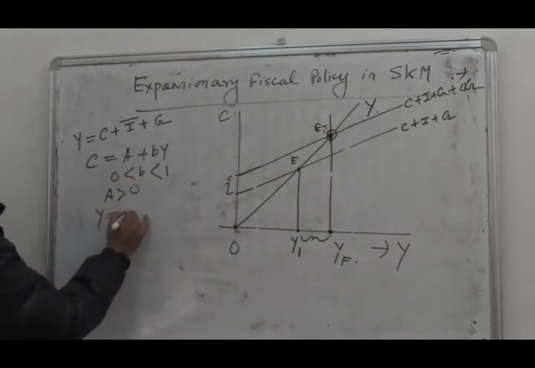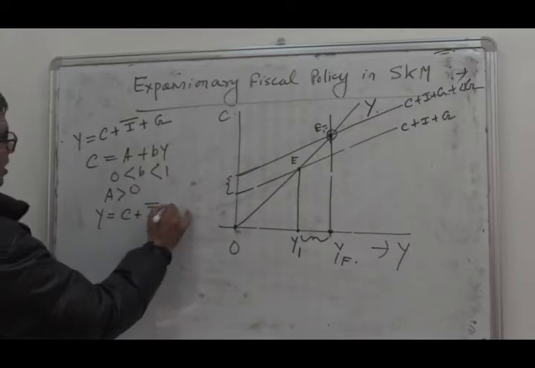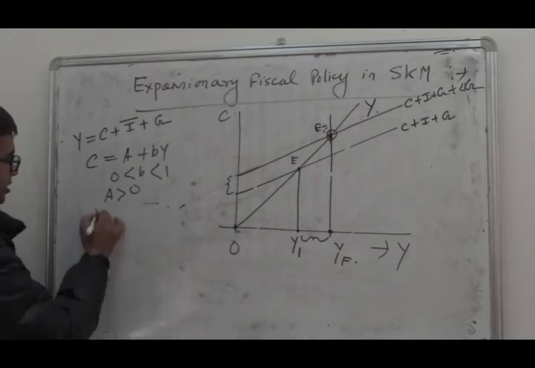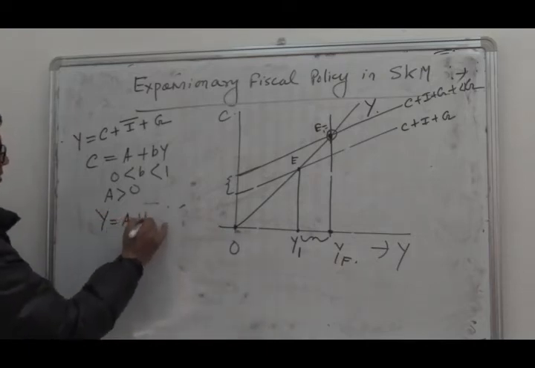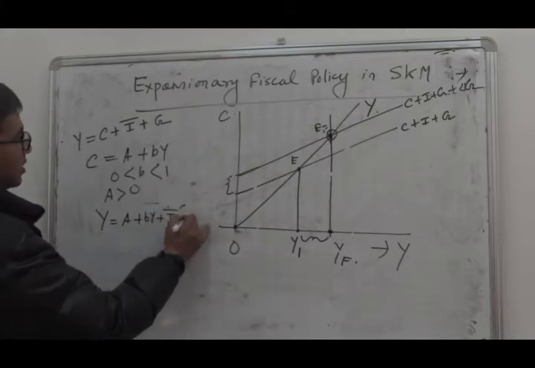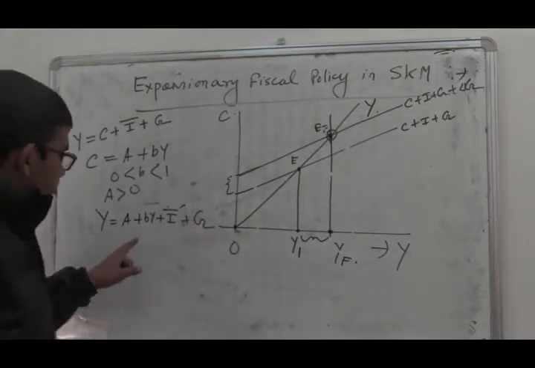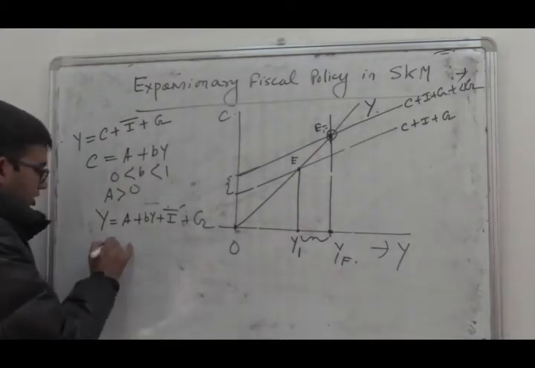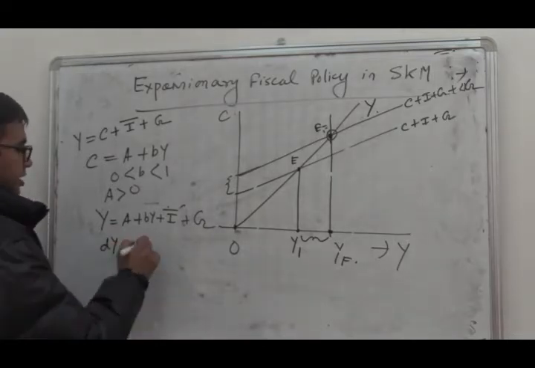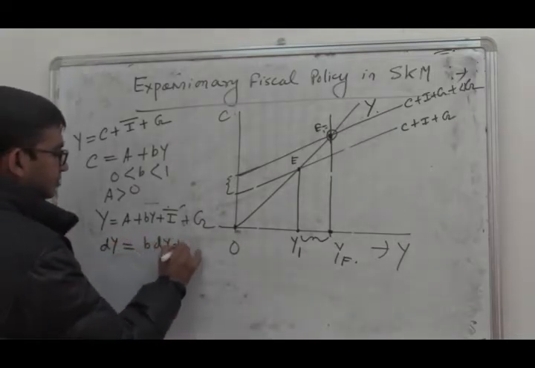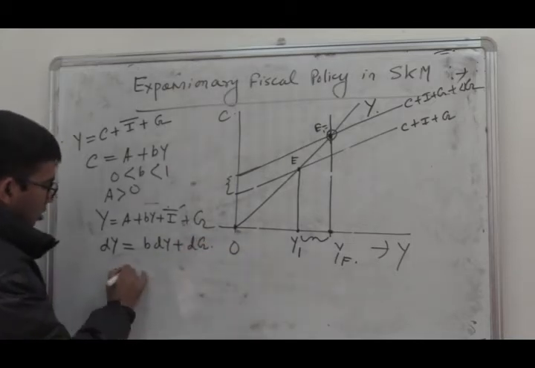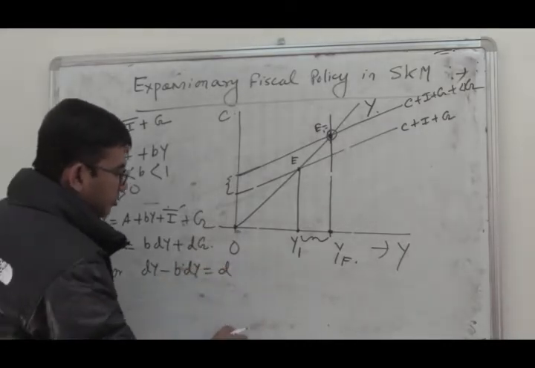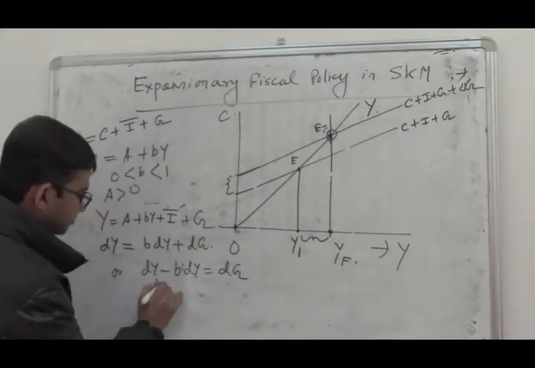So Y equals C plus I bar plus G. So we can write Y equals A plus bY plus I bar plus G. In this case only two things are variable, Y and G. So if we differentiate totally, we take all the dY components on one side.